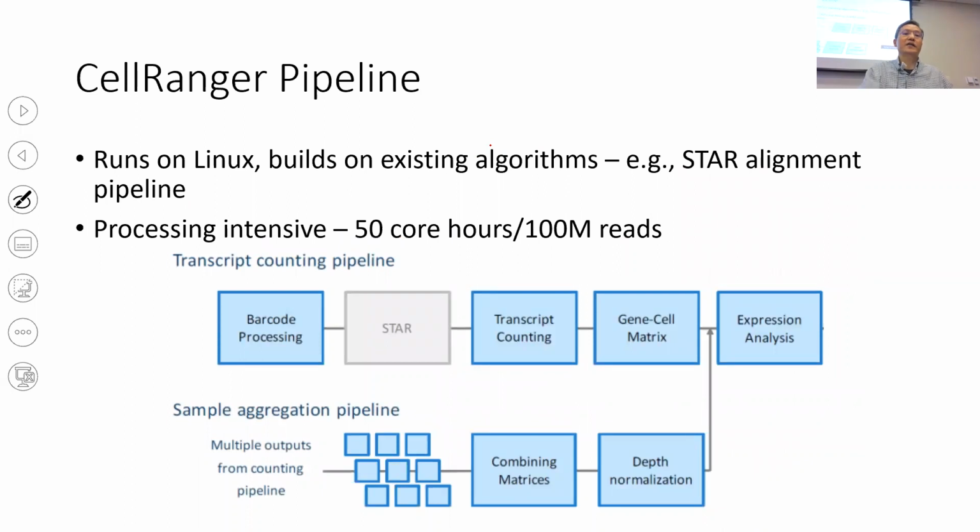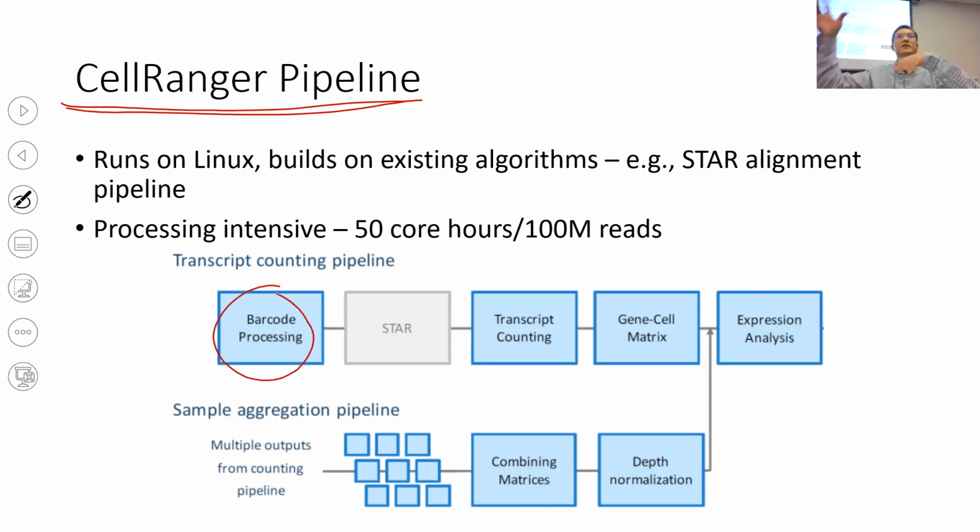So what's inside this pipeline, Cell Ranger? It's Linux based, so I have no way to show you on my laptop. I have to link to a Linux server somewhere. The clusters will be good. Those are the steps. You start to recognize those sequences and the barcode and separate them by cells, by genes. Then internally, there's an aligner called STAR, again a Linux-based tool.